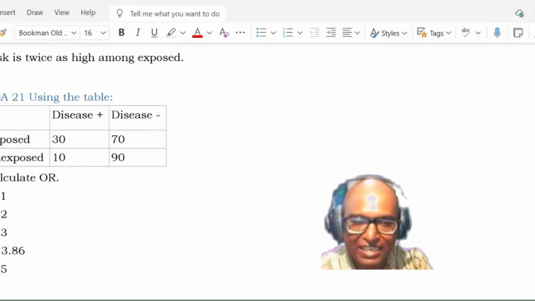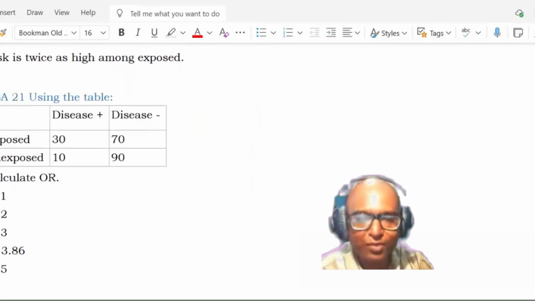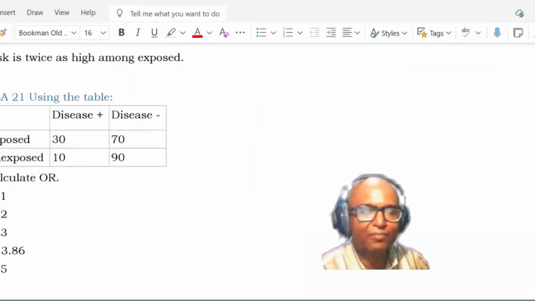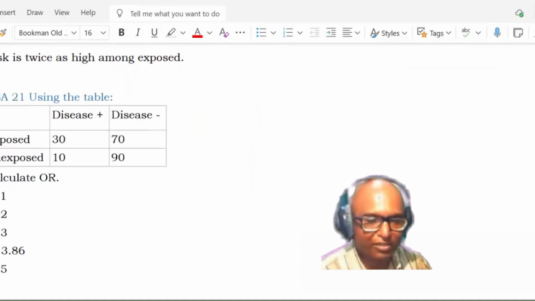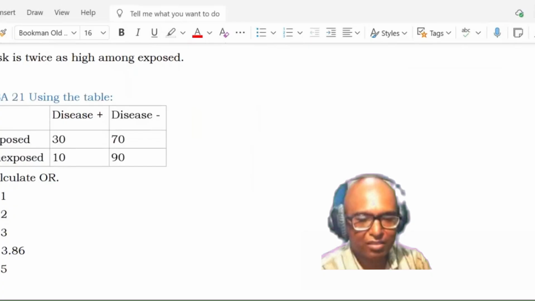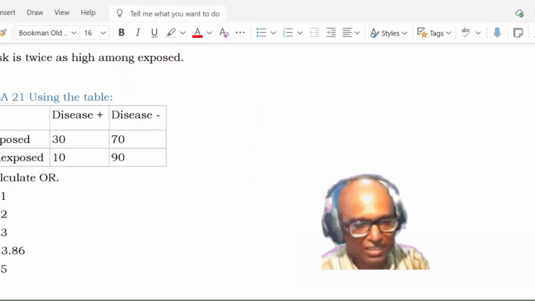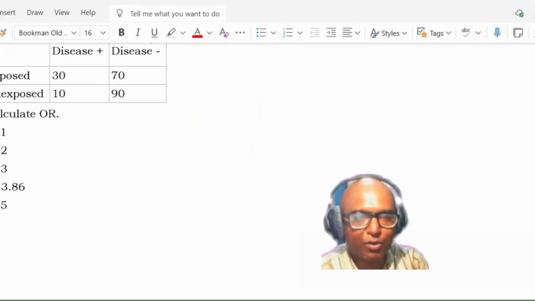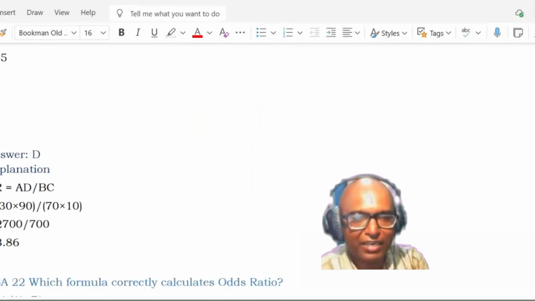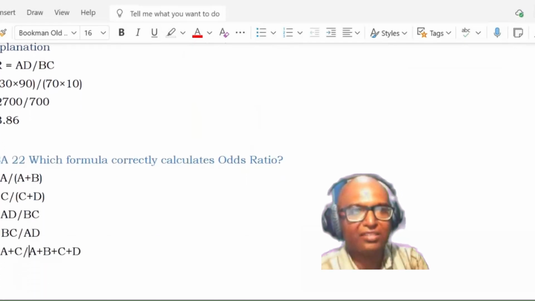So your denominator is increasing, so the value will come down. The odds ratio here is AD upon BC, and the answer is 3.86, near about 4.